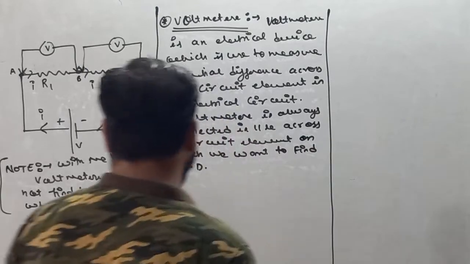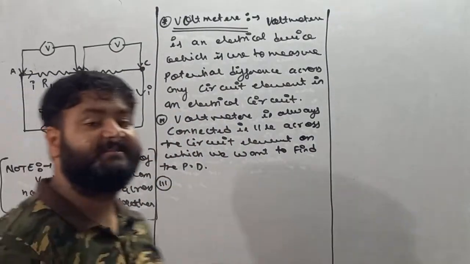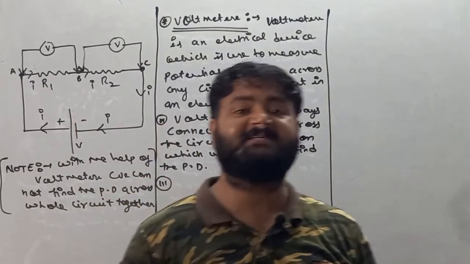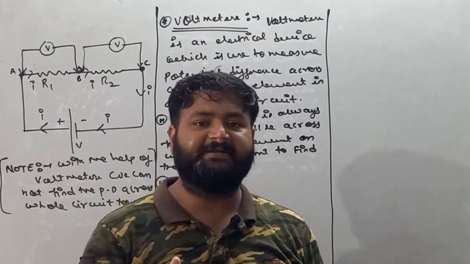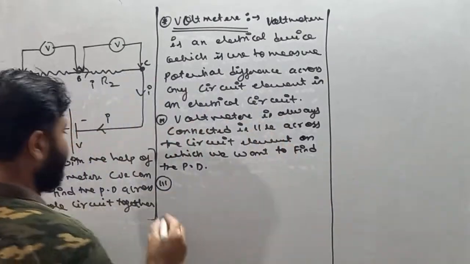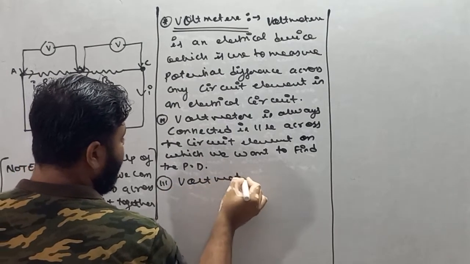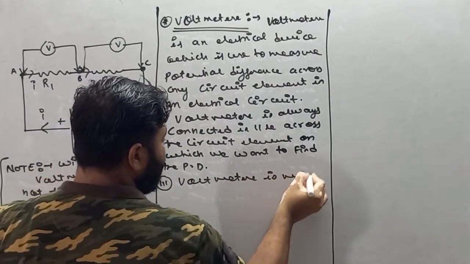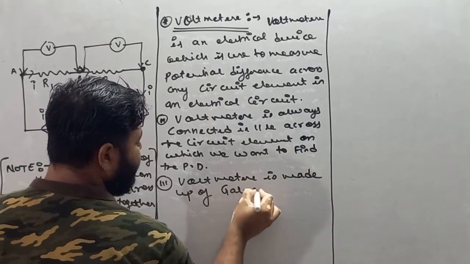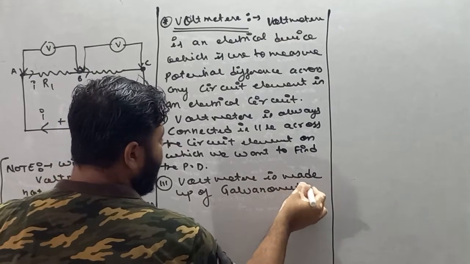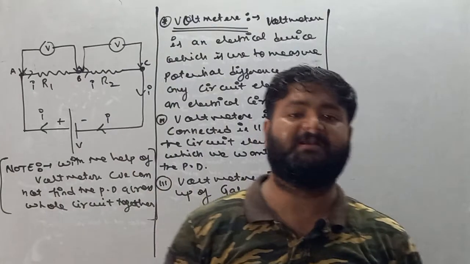Now, next point, my dear student: a voltmeter is basically made up with the help of a galvanometer. As I already told you, a galvanometer is a primary device. So I'll write here that a voltmeter is made up of a galvanometer.